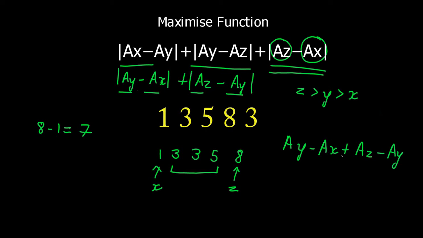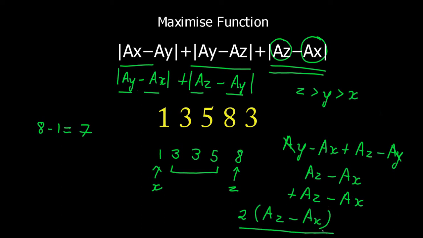If I do so, then ay cancels out and all I am left with is az minus ax plus this part, which can also be written without mod because az is always greater than ax. So plus az minus ax, which is simply equal to 2 times az minus ax.